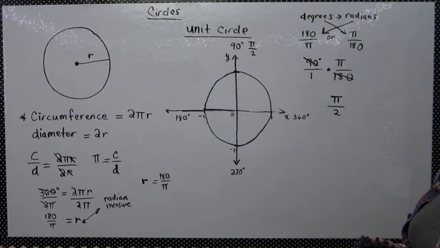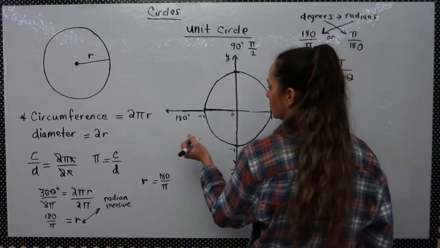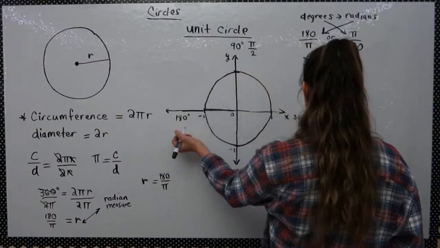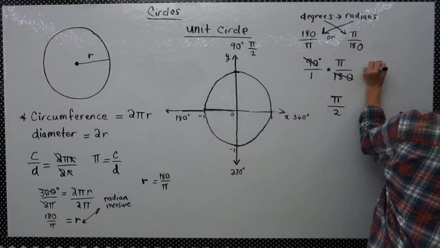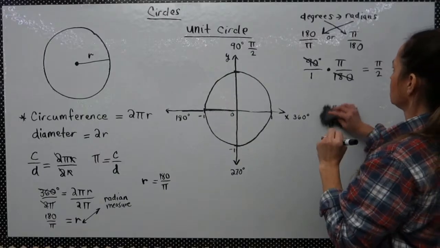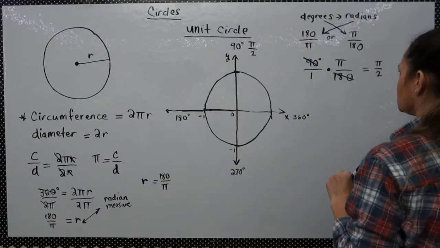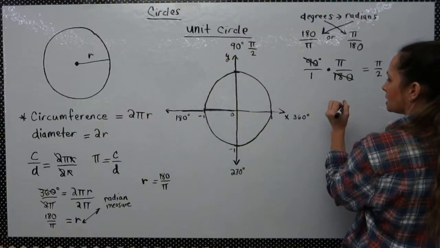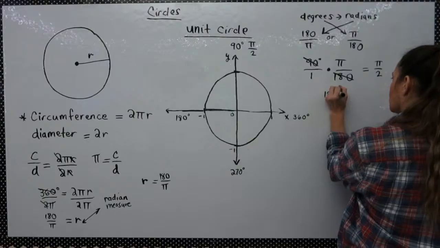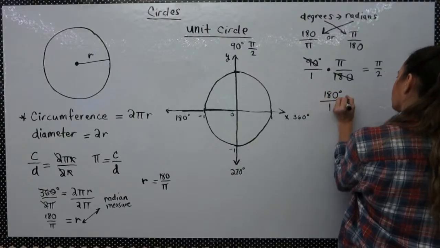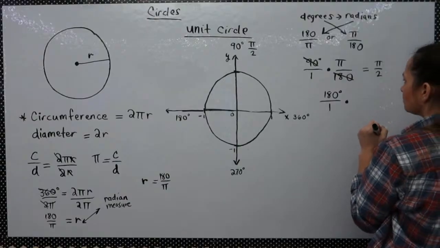It's been a while. All right. Let's try it again. We'll do it for 180, and this time it'll be a little bit easier. So we have pi over 2 for 90. And I'm gonna go ahead and leave that up there just in case. So we got 180 degrees over 1, make a fraction. And then these conversions, they do get tricky. Sometimes you forget them.